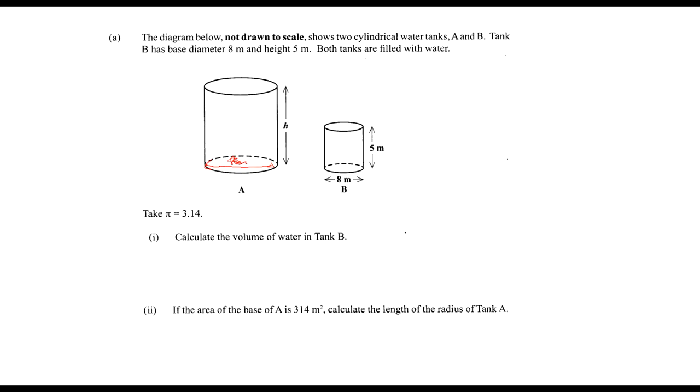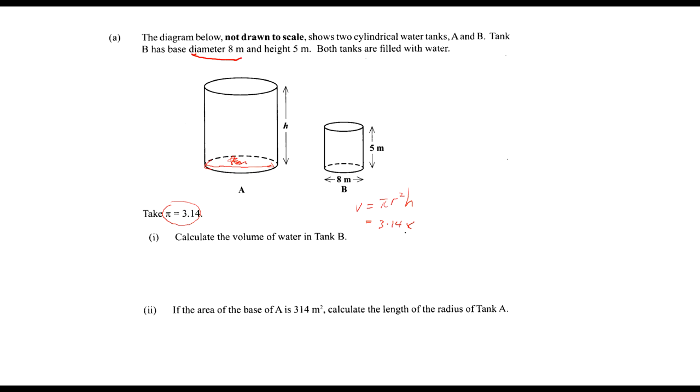Alright, so we are taking pi as 3.14, and the volume of a cylinder is equal to pi r squared multiplied by the height of the cylinder. So this will be 3.14 multiplied by the radius. Now the diameter, they said, is 8, right?